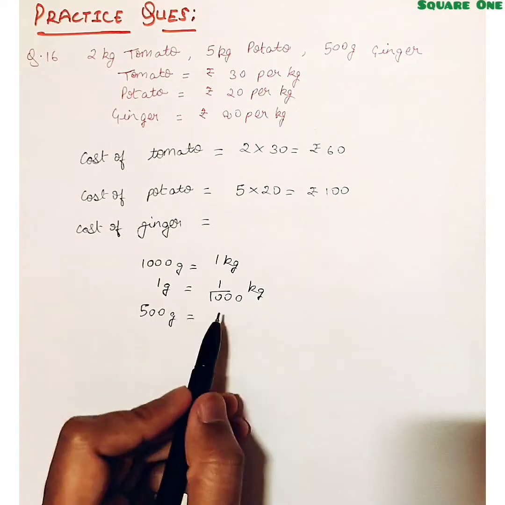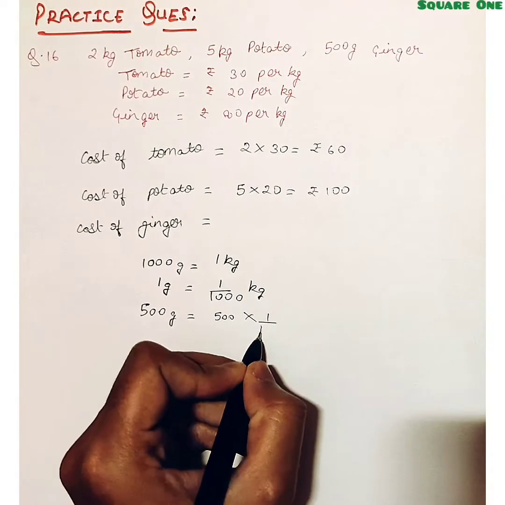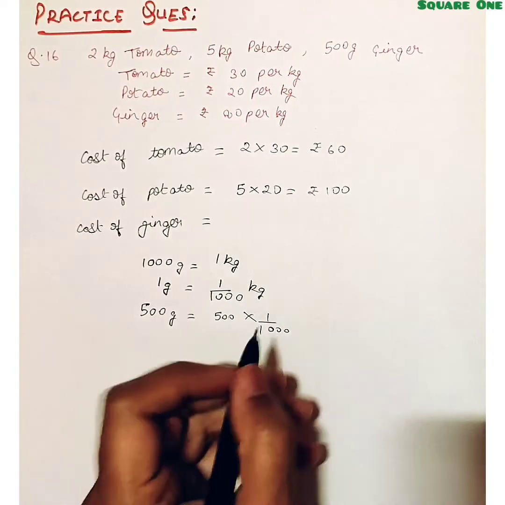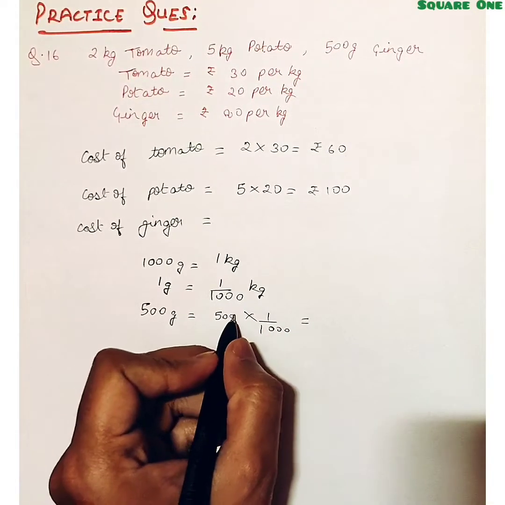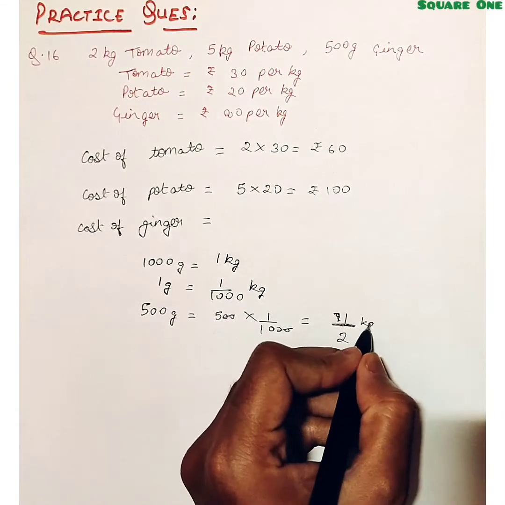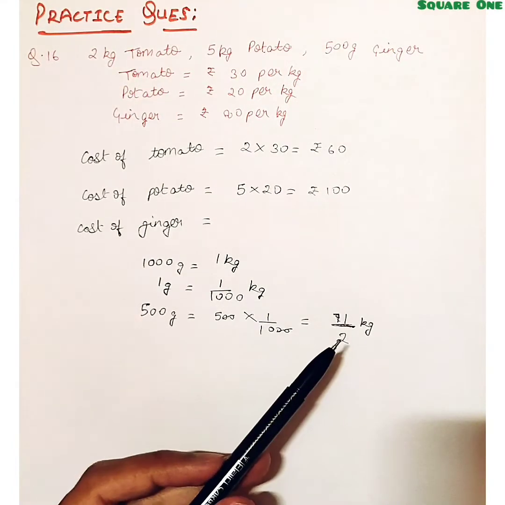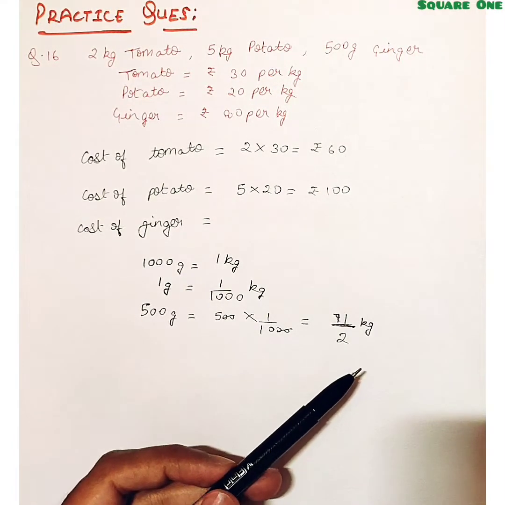Then 500 gram will be equal to 500 multiplied by 1 upon 1000, which will be 1 upon 2 kg. 500 gram is equal to half kg or 1 upon 2 kg.